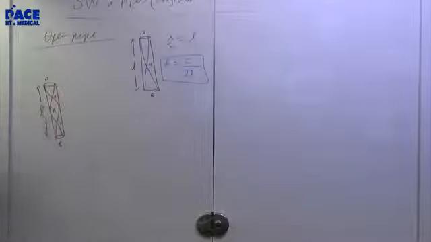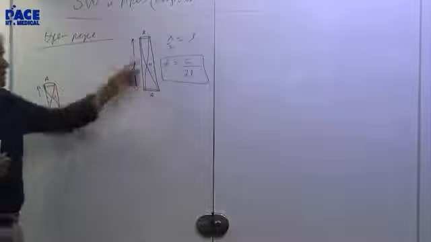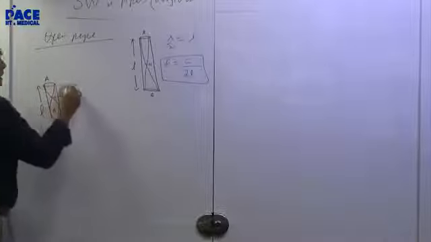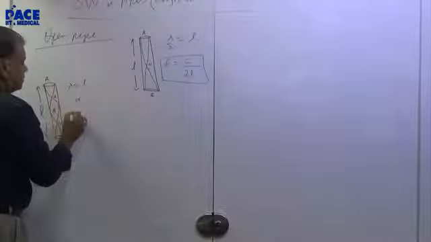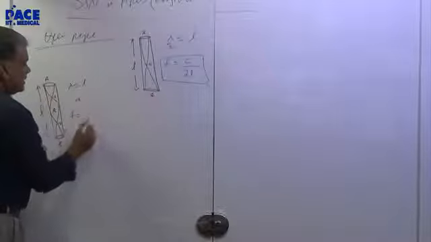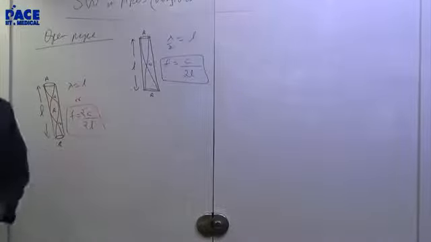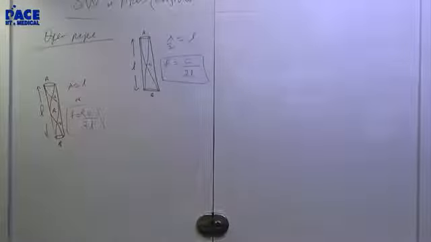This is the next overtone: fundamental tone, the first overtone. What do you have? Lambda by 2 plus lambda by 2, lambda equal to L, or frequency is C by L. Can we not say it as 2C by 2L? Keep going. And the next one.